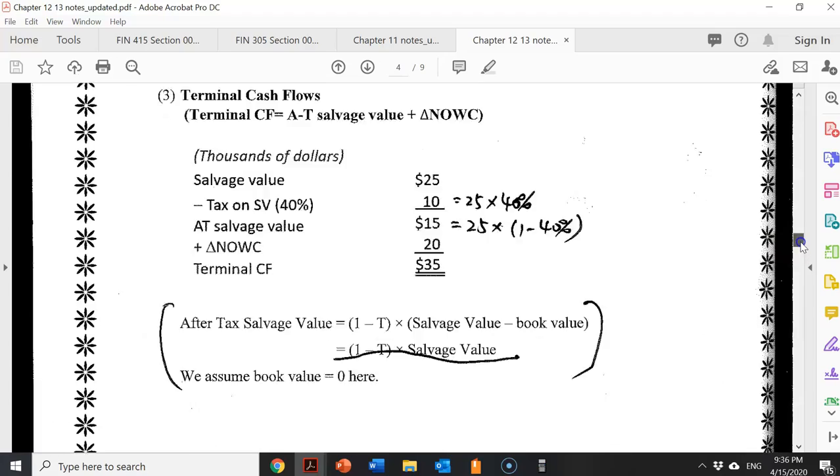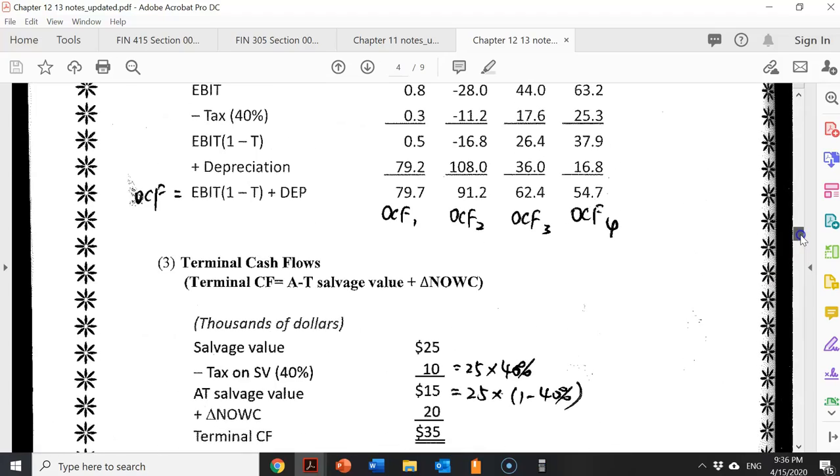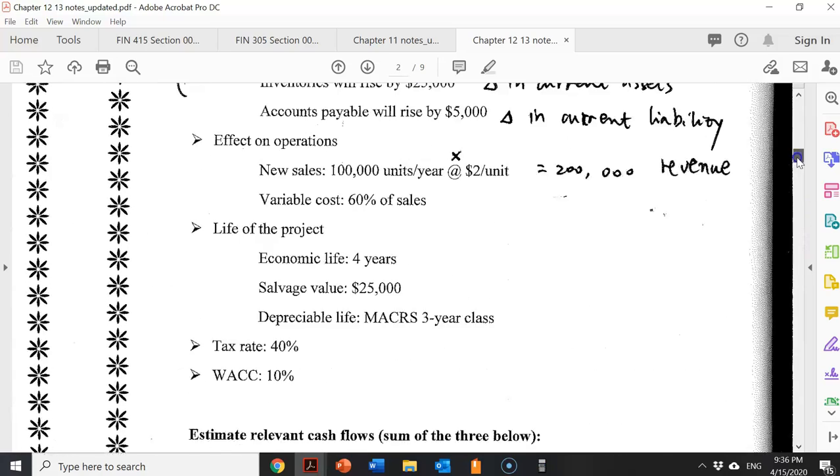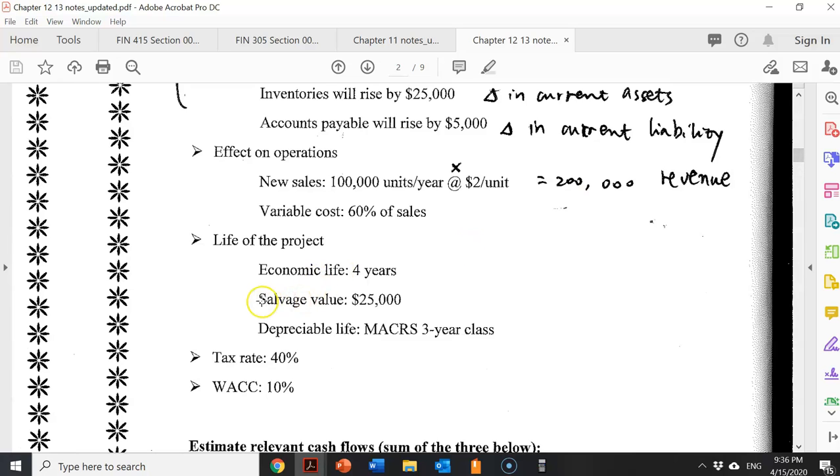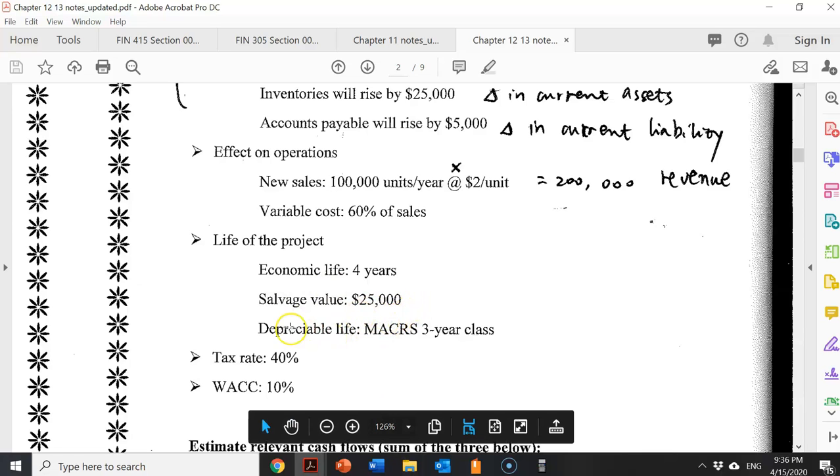Again, it's given in the question that the salvage value of this firm is 25,000 after the end of the project.